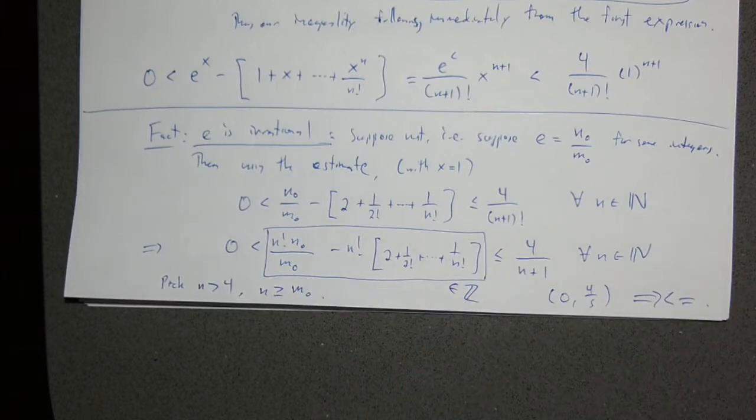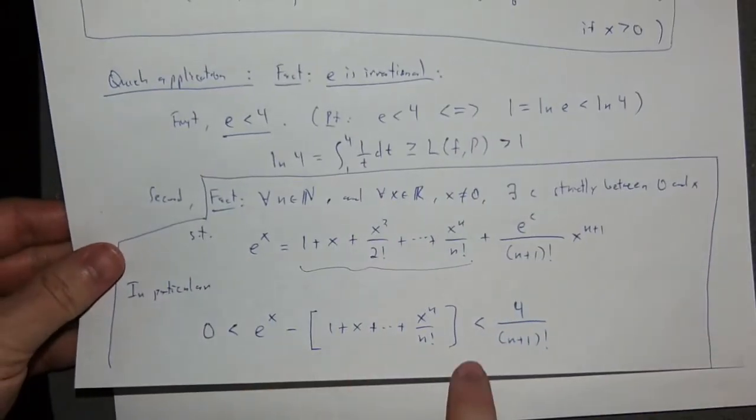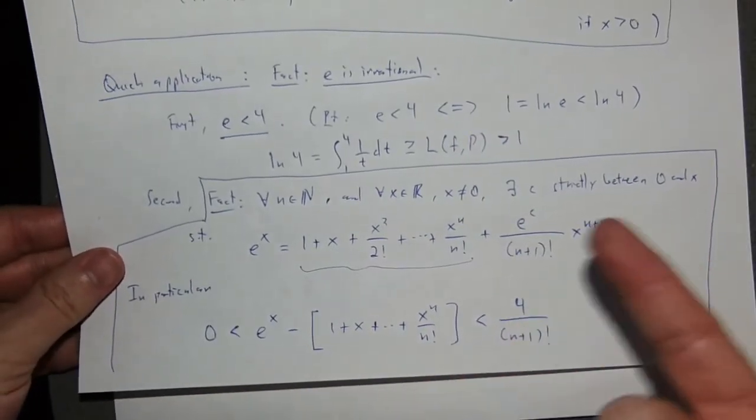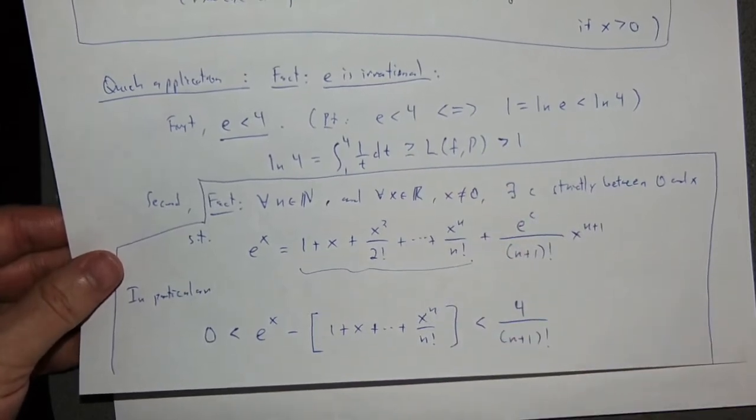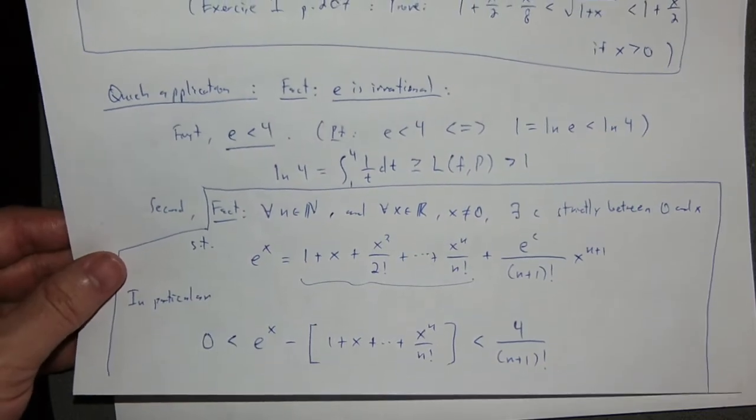Okay. All right, so that's a really nifty use of this. The reason I went through that, other than it just being interesting, is there was a very critical use of this estimate, and this estimate came directly from the Lagrange remainder theorem. So again, you will find this useful for your own work.